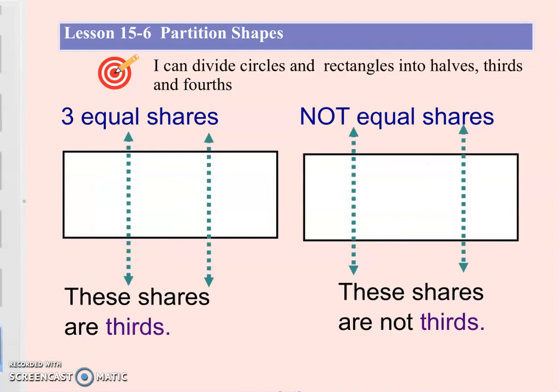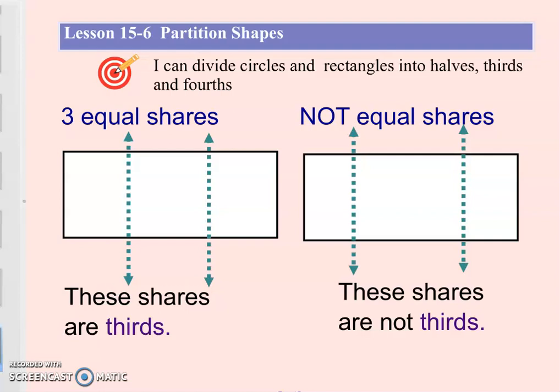Here again we have, I can divide circles and rectangles into halves, thirds, and fourths. So we're going to take a close look to see if the rectangle on the left is divided equally into three equal parts. I take a close look and it shows that this one is divided into 3 equal portions. And so this one is correctly divided into thirds.